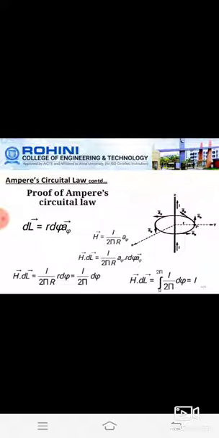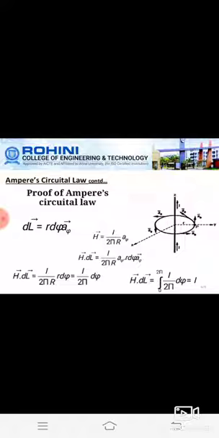What are the steps we have to know while applying Ampere's circuital law? First, we consider a symmetrical closed path that encloses the direct current only once, which we call the Amperian path. Second, we consider the differential length, dl vector, based on the coordinate system.